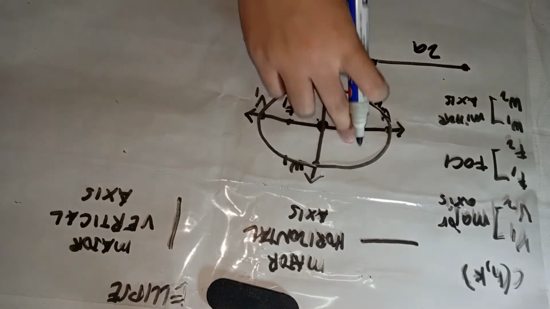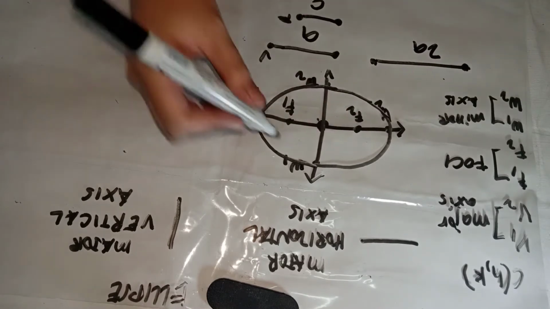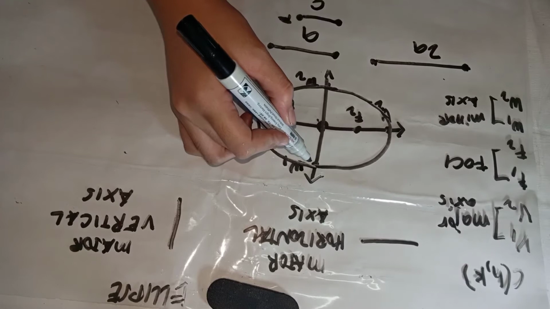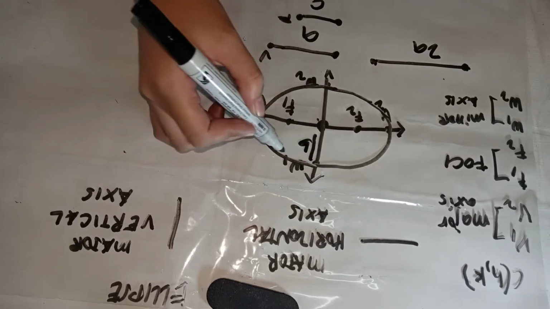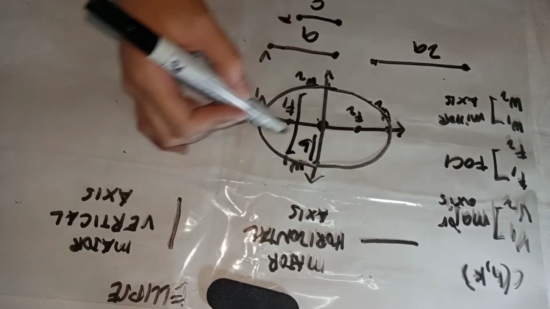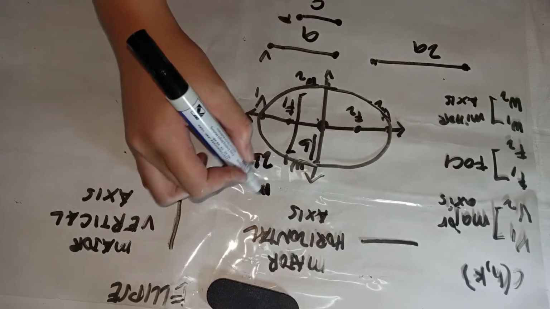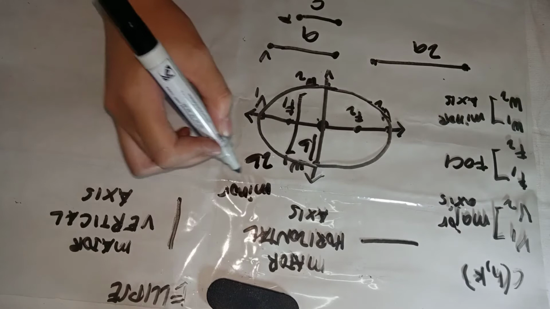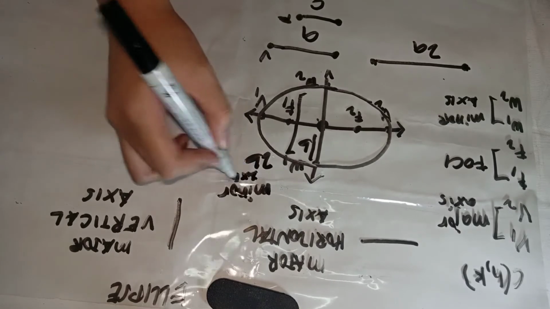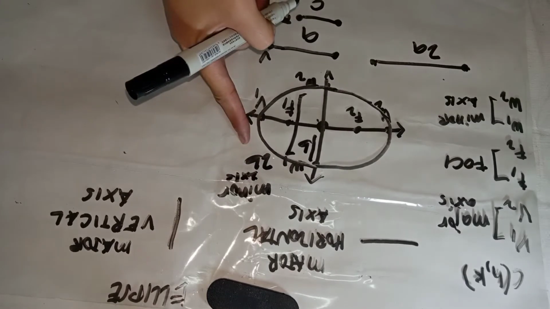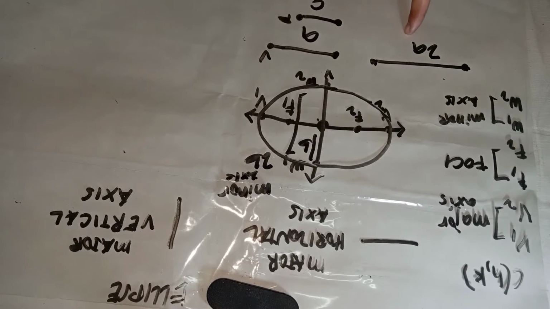Because A plus A is equals to 2A. This one, for the minor axis, this one is B. Therefore, the minor is 2B. This is the length of the minor axis, and then this is the length of the major axis, 2A. Okay?